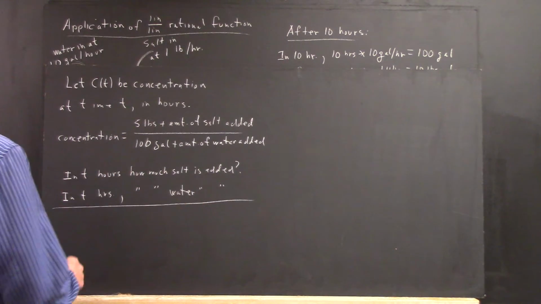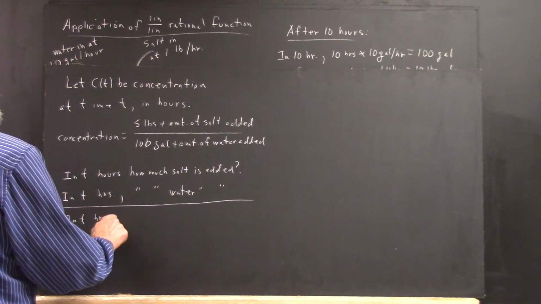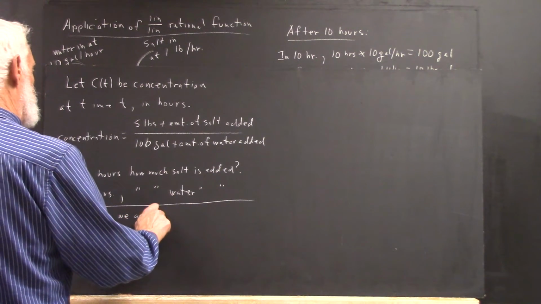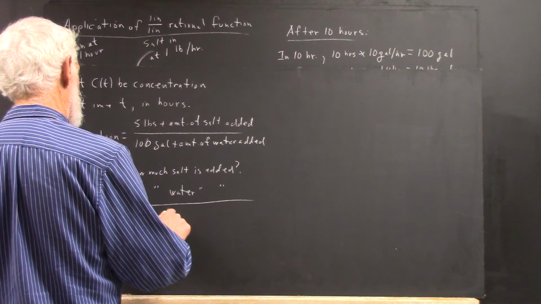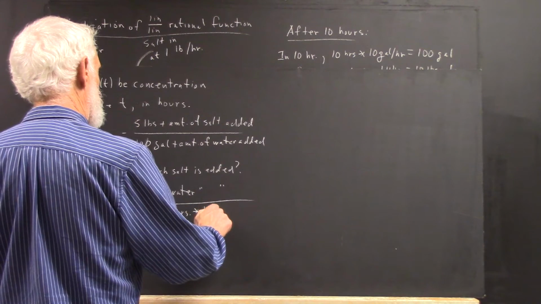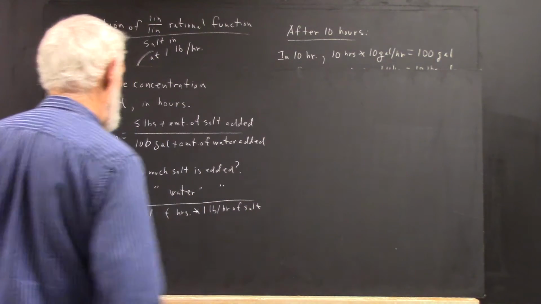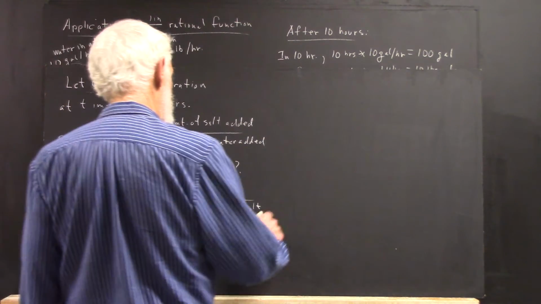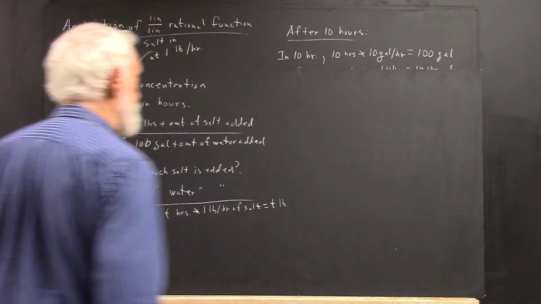Okay, in T hours, we add T hours times 1 pound per hour of salt, which equals T pounds.